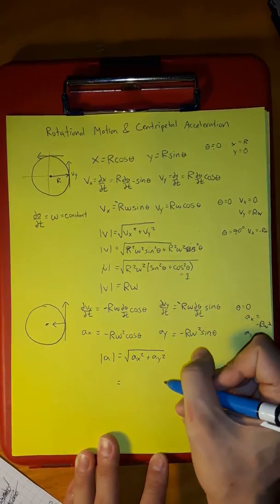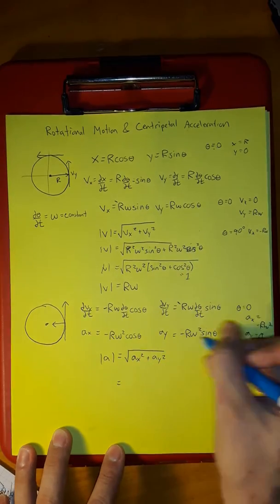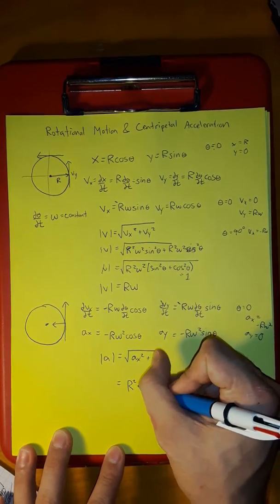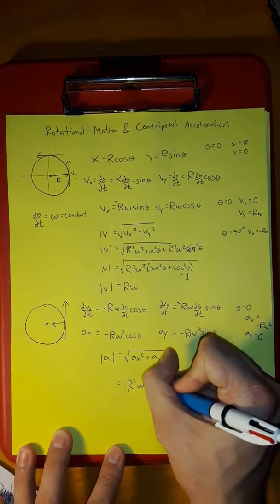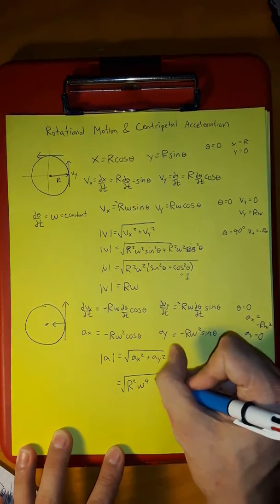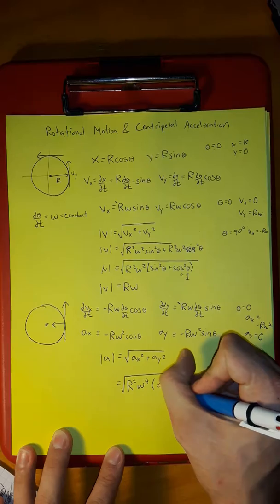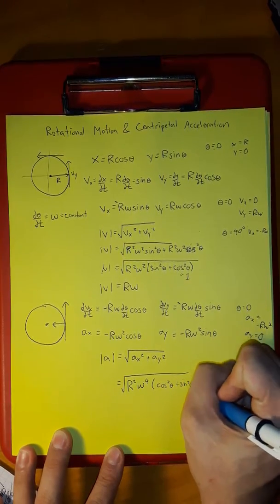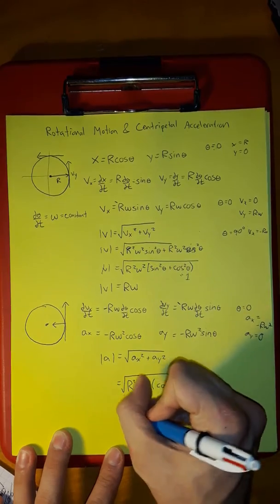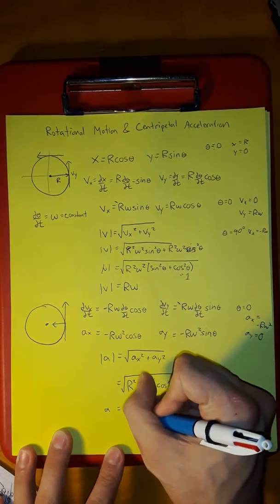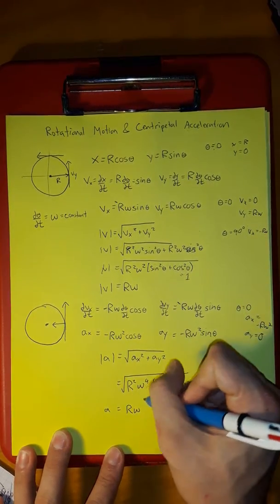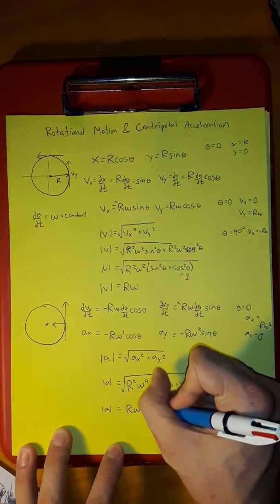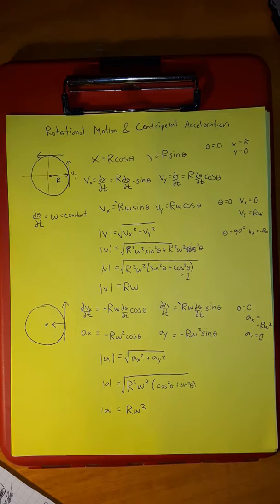We'll get something that looks like r squared omega to the 4th, and we'll still have cos squared theta plus sine squared theta, again being 1. So the magnitude of acceleration at any point is just r omega squared.